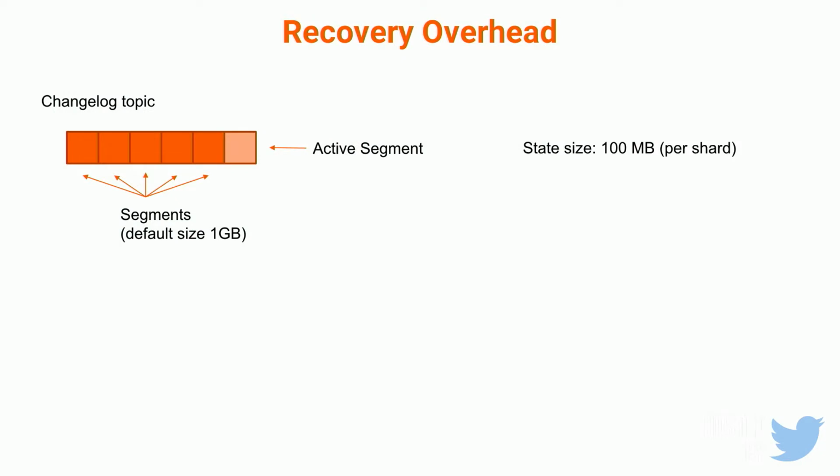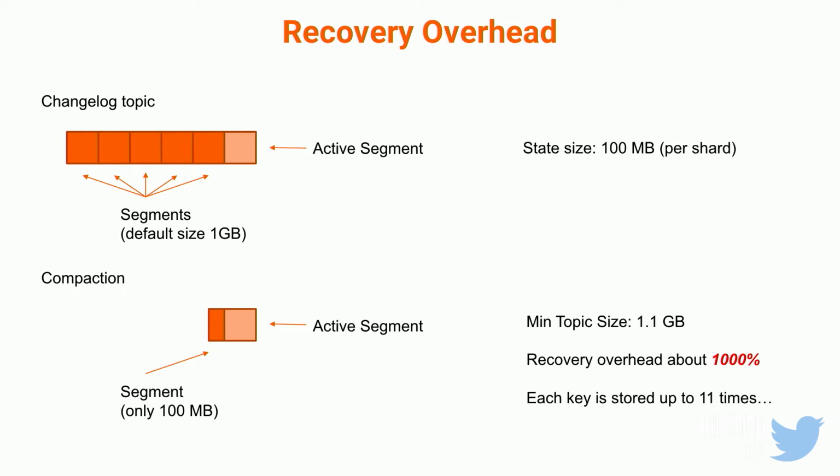That means if you have updates in the active segment, you can still have duplicates in this changelog topic until the segment is full, and we create a new active segment, and then this garbage collection process, removing old updates, would happen. So for large states, that's not a big issue, but if you have small state, that can actually impact your recovery time. So let's say your state is only 100 megabytes here, and you still run with the default segment size of 1 gigabyte.